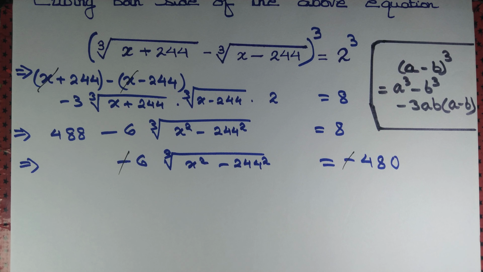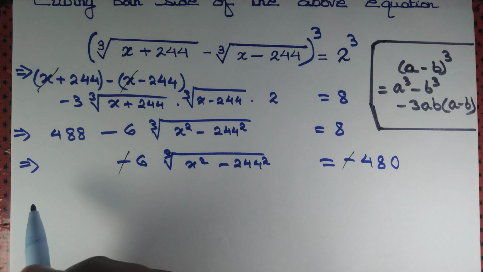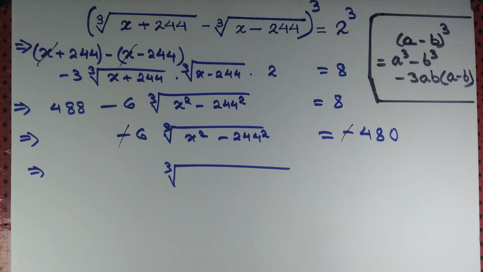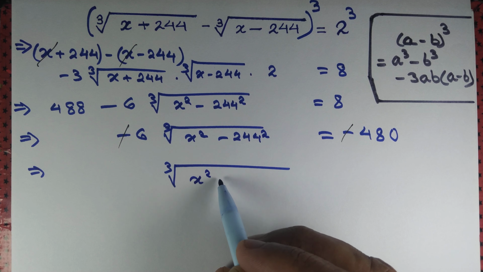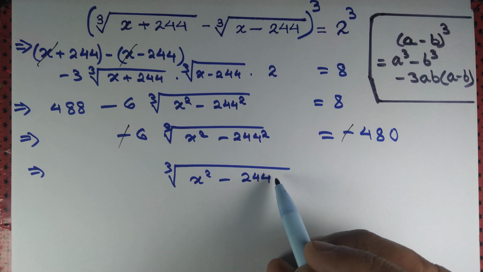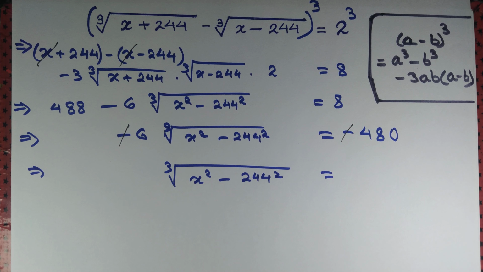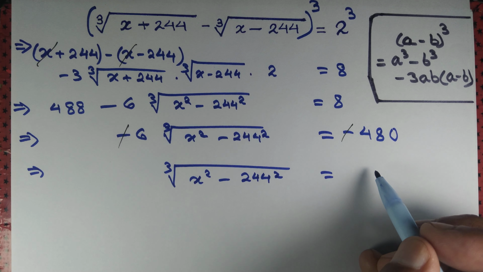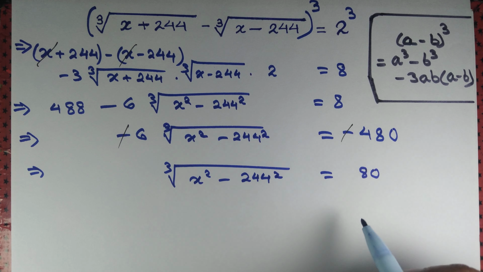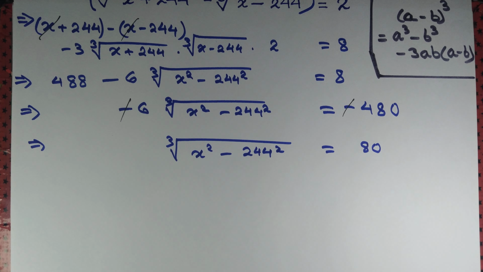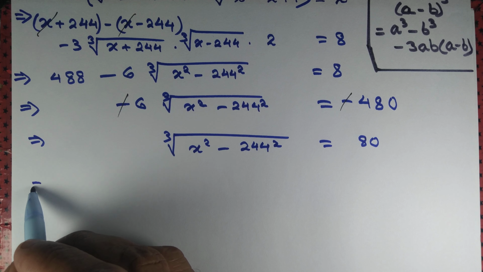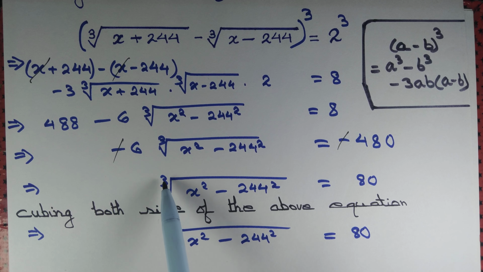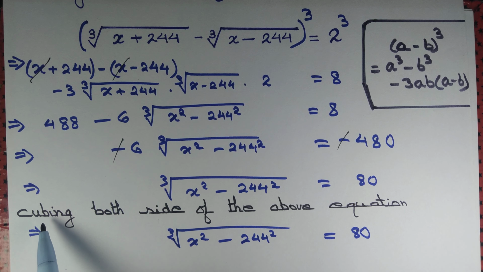We can divide by 6 throughout, and so we can say that cube root of x square minus 244 square equal to 480 divided by 6, that's just 80. Okay, now we take the cube on both sides. Once again, we want to remove the cube root, so we take the cube on both sides.